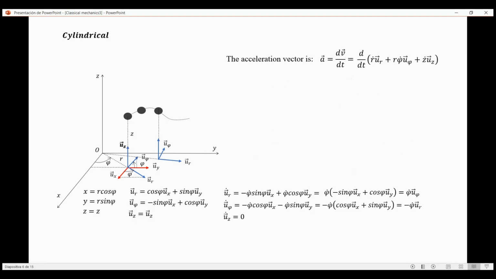To get the acceleration, we simply need to take the derivative in time of the velocity, and again we start deriving in time the coordinates, keeping the unitary vectors fixed, plus keeping the derivative of the coordinates, these expressions here, and deriving in time the unitary vectors, just simply applying the chain rule.